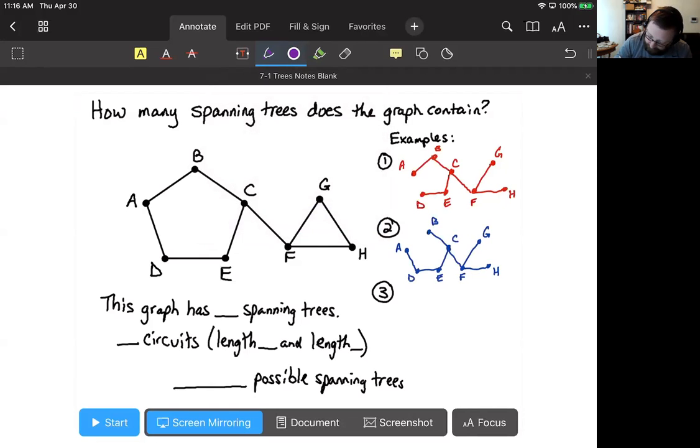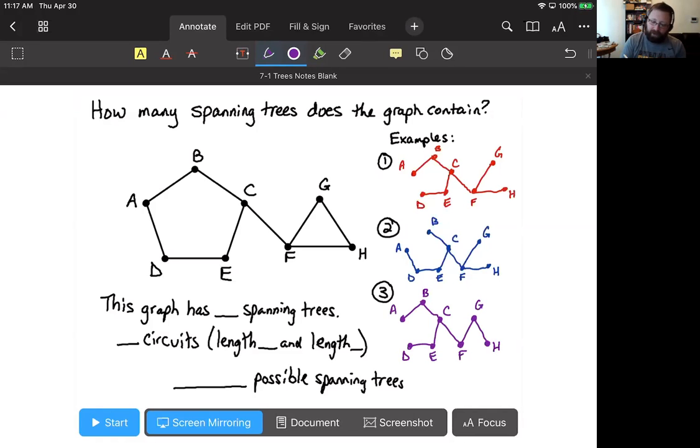Okay, so we could go back and we could remove AD again. But remove FH instead of GH. Well, that's still a spanning tree. It is in fact a different spanning tree, a different subgraph of the same graph. All three of these are subgraphs of the original graph, and they are all three spanning trees.